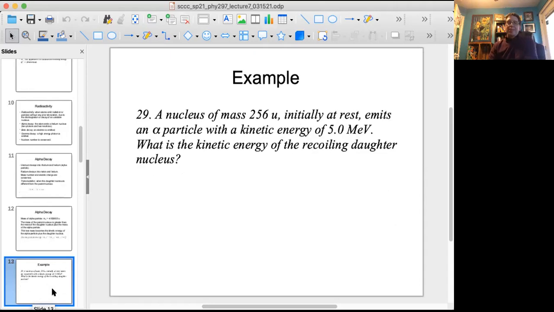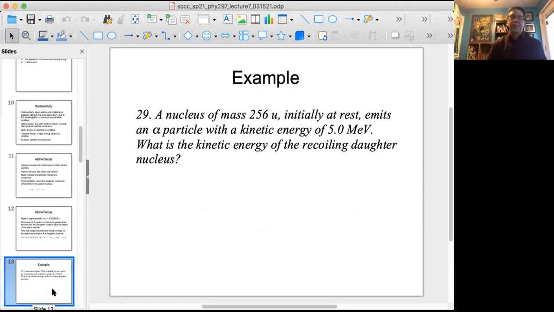So let's do an example. A nucleus of mass 256 U, initially at rest, emits an alpha particle with a kinetic energy of 5.0 mega electron volts. What is the kinetic energy of the recoiling daughter nucleus?